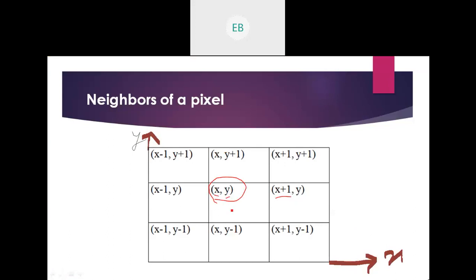So x, then x plus 1, x plus 2, x plus 3 and beyond. Towards the left it is x minus 1. This is the negative direction, this is the positive. I guess you know the coordinate system. Do you know about the coordinate system?